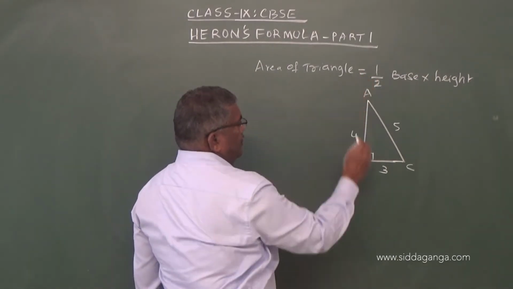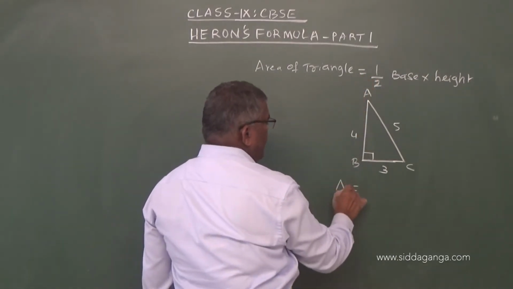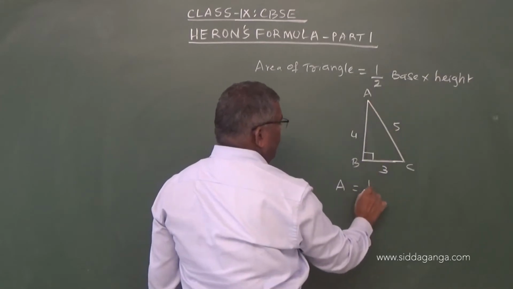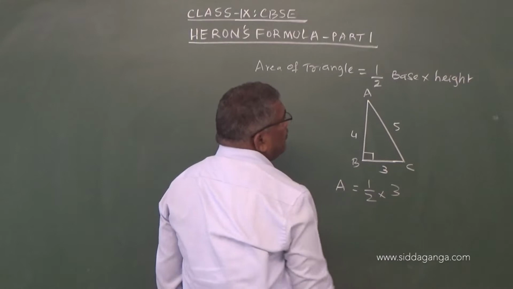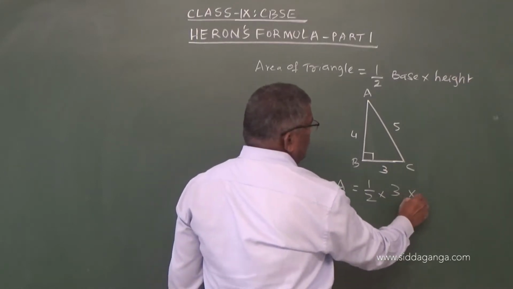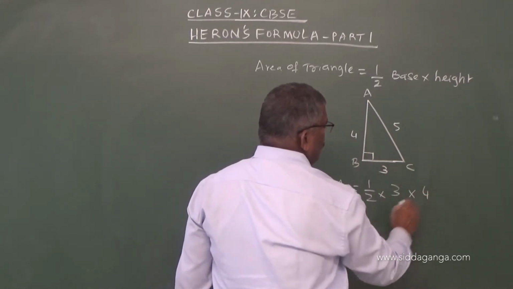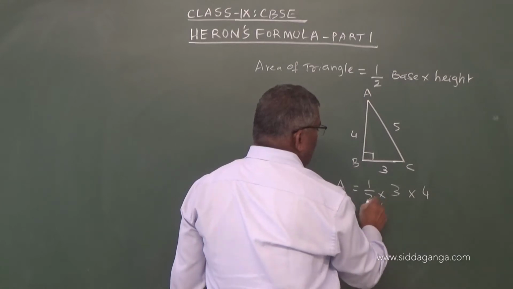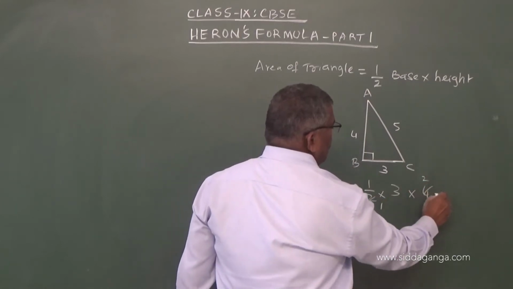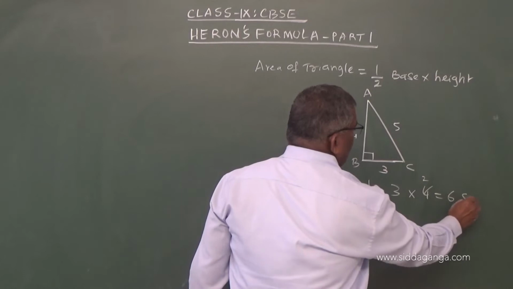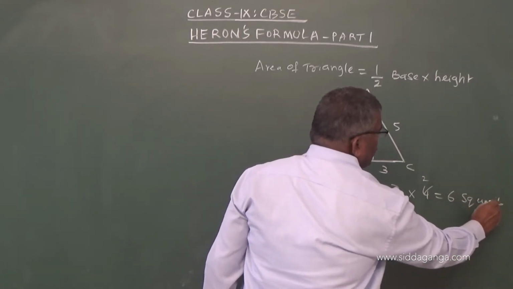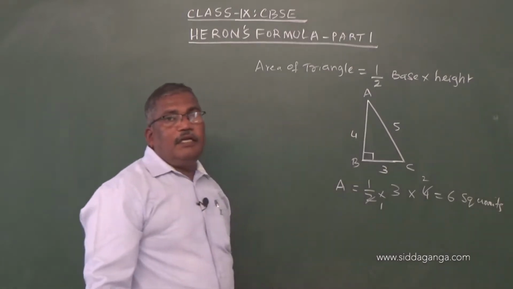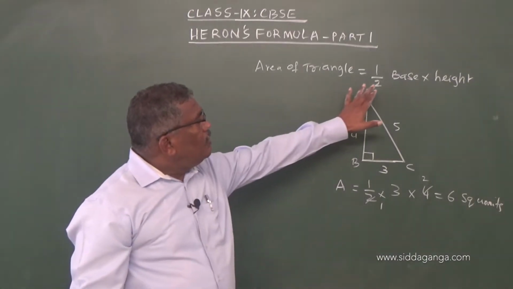Area is given by half into base BC, which is 3, and height 4. So you get 6 square units, which is the area of this triangle.